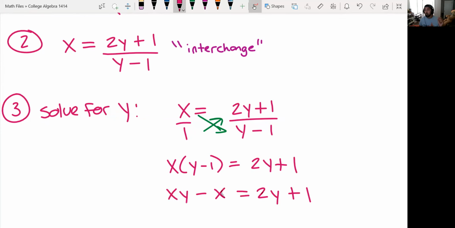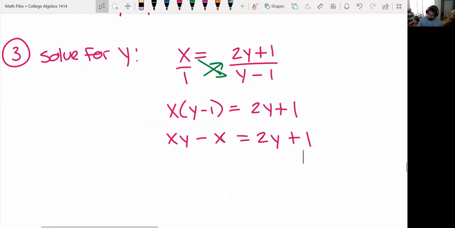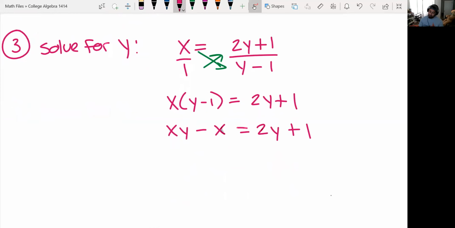So now we are going to put all our y terms together, which means I'm moving this 2y over, and I'm moving that x over to the right. So I should get xy minus 2y equal to x plus 1.